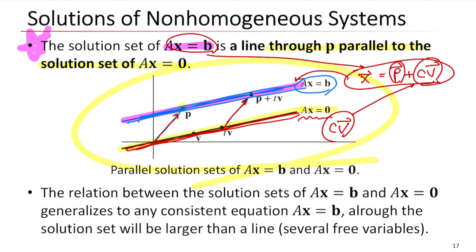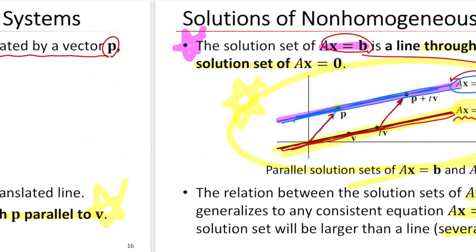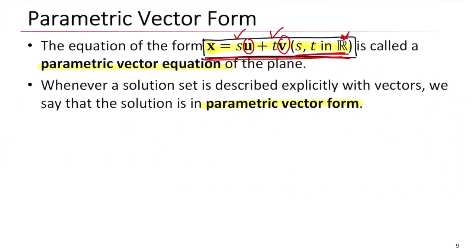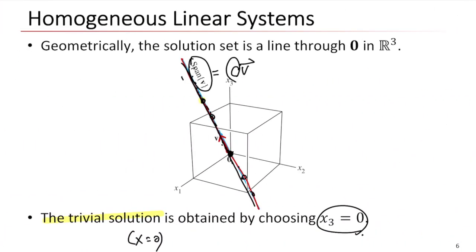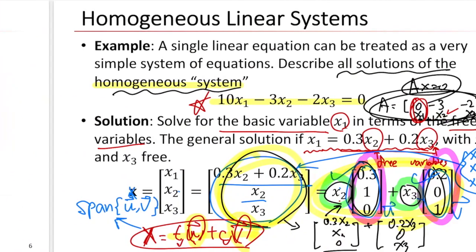This relationship between the solution set of Ax = b and Ax = 0 generalizes to any consistent equation Ax = b, although the solution set will be larger than a line with several free variables. What does that mean? In this case, we just assumed that the solution set of Ax = 0 is just a line, like this one.